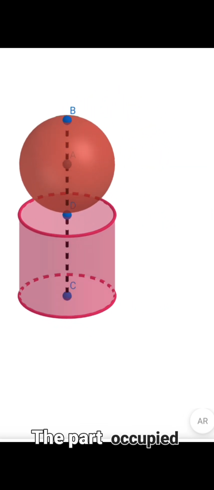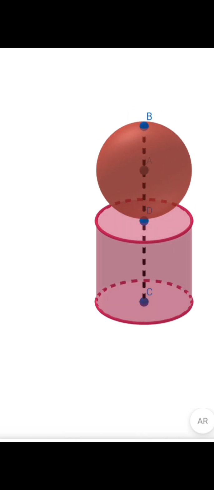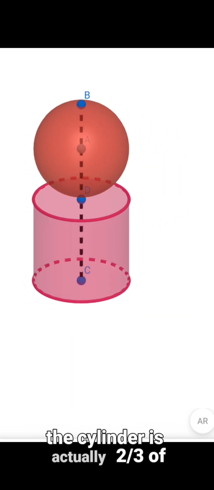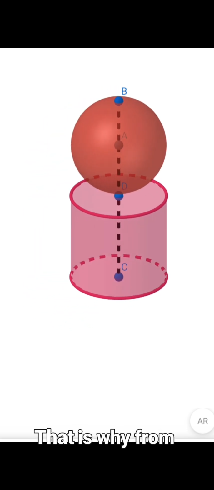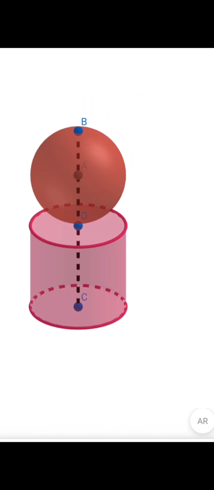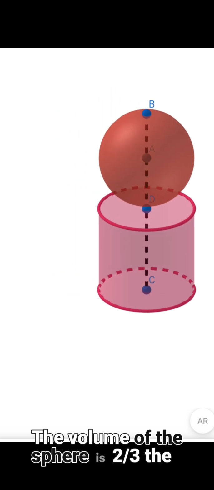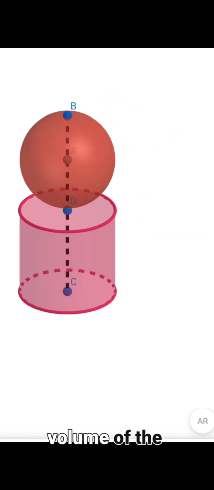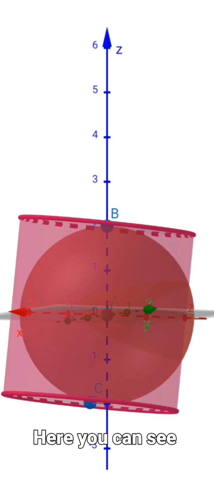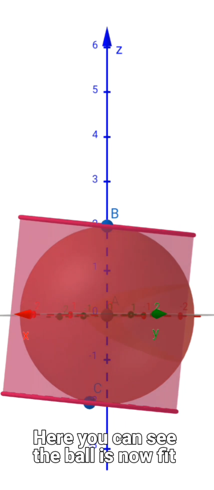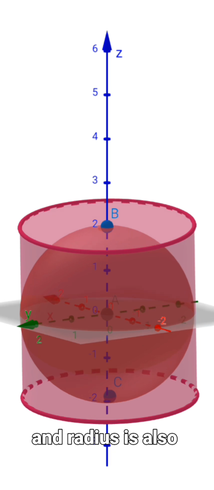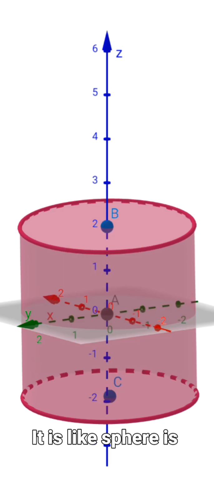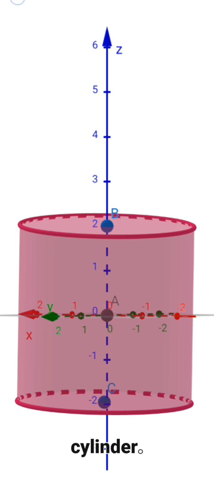The part occupied by the sphere within the cylinder is actually 2/3 of the volume of the cylinder. That is why, from the formula also, the volume of the sphere is 2/3 the volume of the cylinder. Here you can see the ball is now fit into the cylinder, and because height is the same and radius is also the same, it is like the sphere is inscribed in the cylinder.